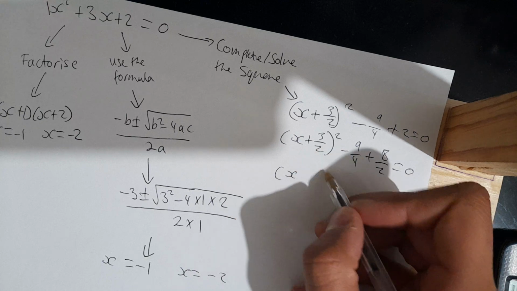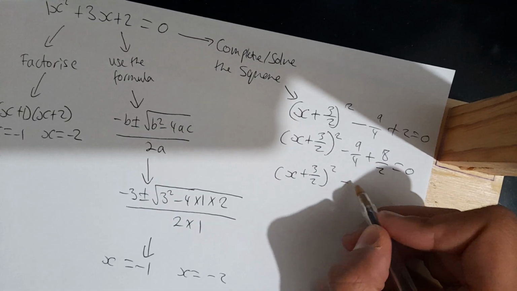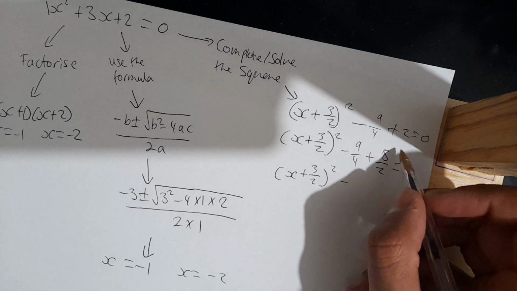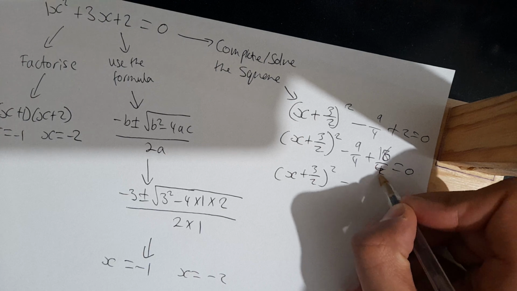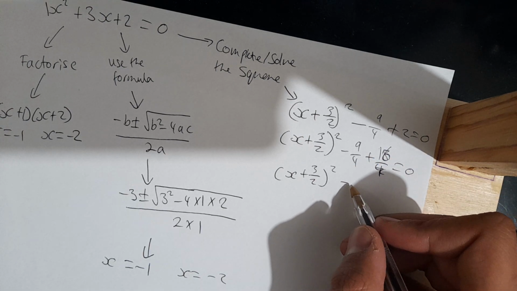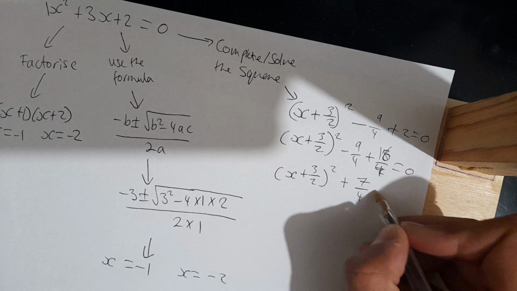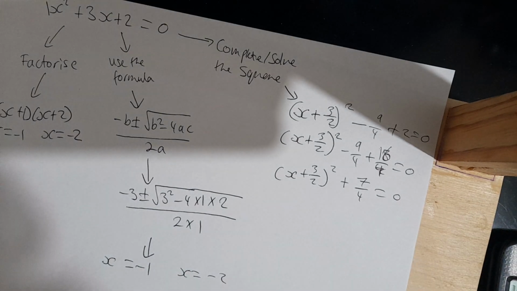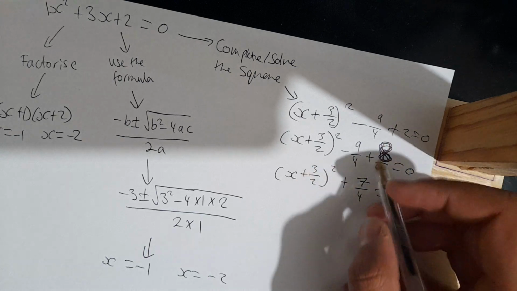So x plus 3 over 2 squared, this is going to be 6. Let's say 16 over 4 plus 7 over 4 equals 0. No, sorry, this is 8. I'm just being dumb. 8 over 4, yeah.